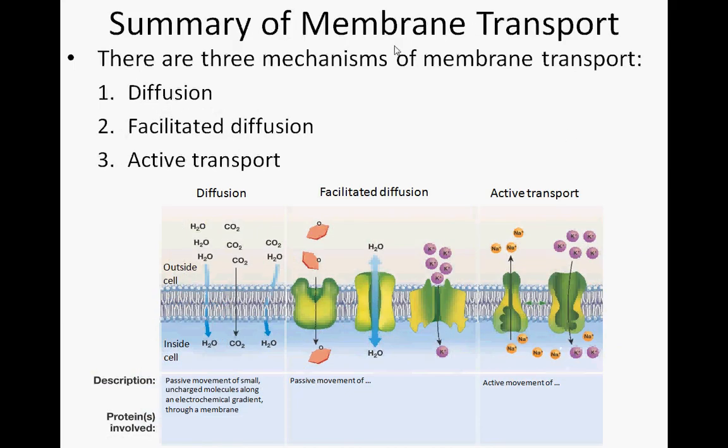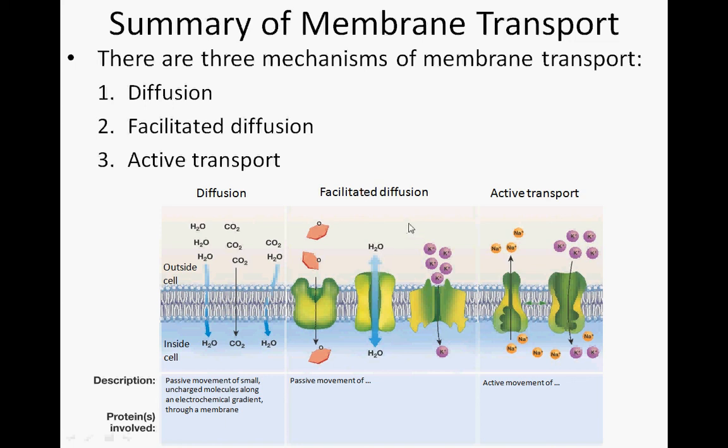Okay, so in summary, we have three different kinds of membrane transport. We have diffusion, facilitated diffusion, and active transport. Diffusion, once again, is this passage of compounds across a membrane in the direction of an electrochemical gradient all by themselves. Whatever's moving in and out is able to fight its way through the membrane on its own. Facilitated diffusion, again, no energy required.